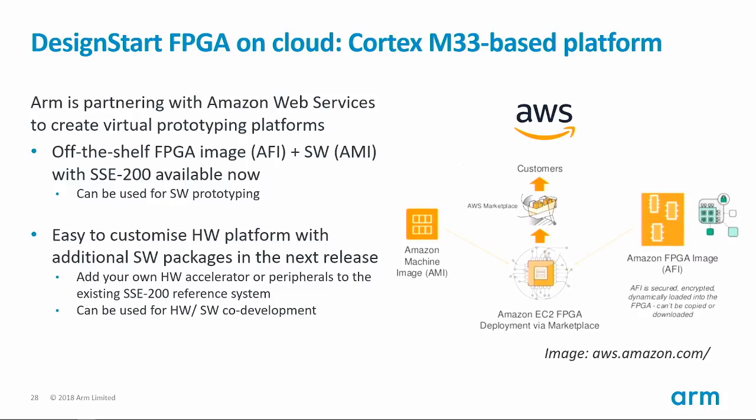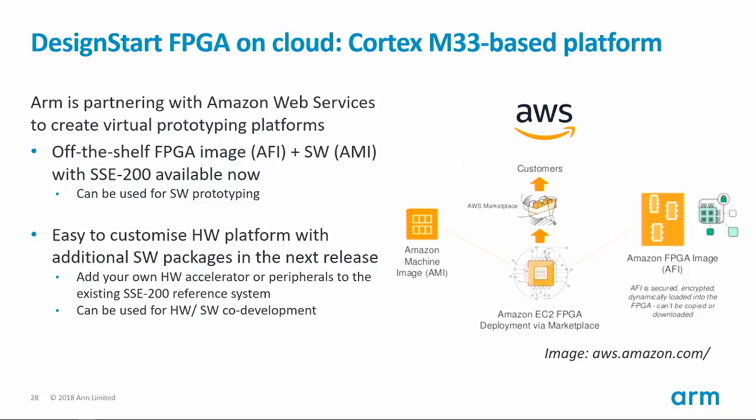We will roll it out to some lead partners first to make sure that it is sanity tested. So if you're interested in participating in that program, please come and talk to me. Our plan in the near future is to make it available through Amazon Marketplace so everyone can have direct access to it without even asking for Arm's permission.